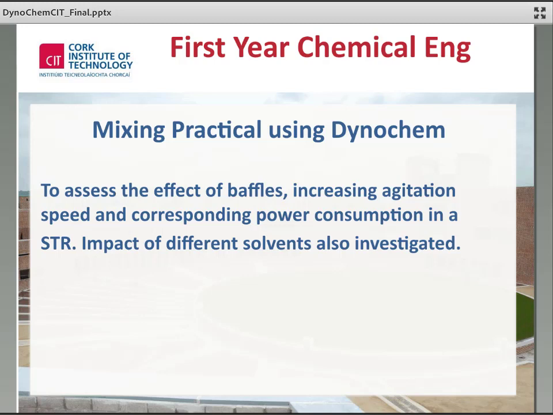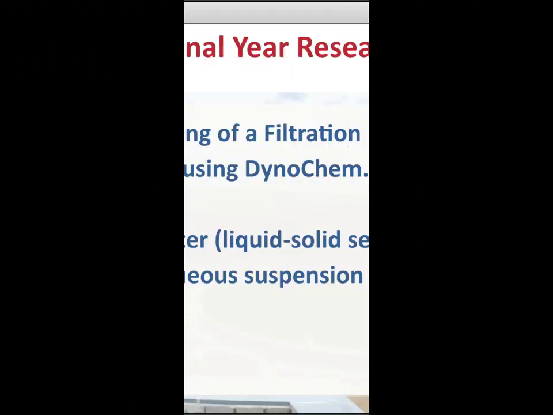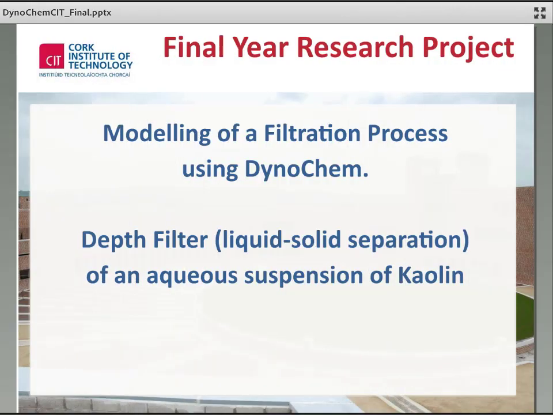Early in the semester, they do quite an intensive lab on mixing. In that lab, they look at a simple stirred tank reactor, at the agitation speed and the power consumption drawn by the impeller. The task of the student is to solve an unstructured problem, and that was Fergus's problem.